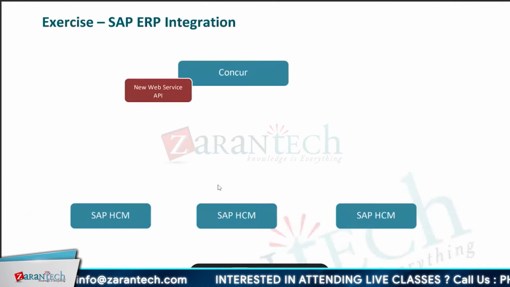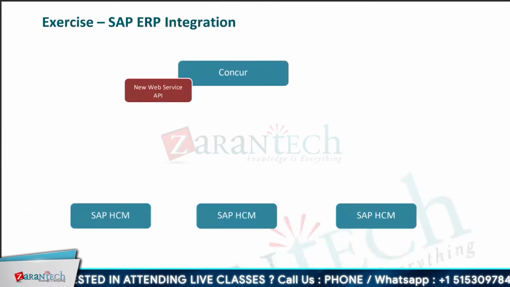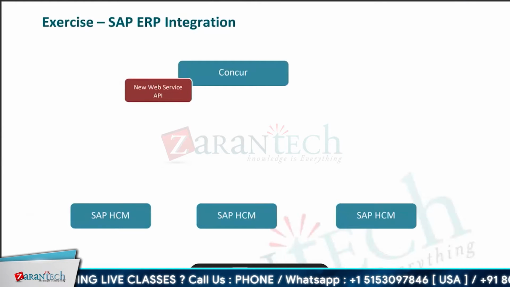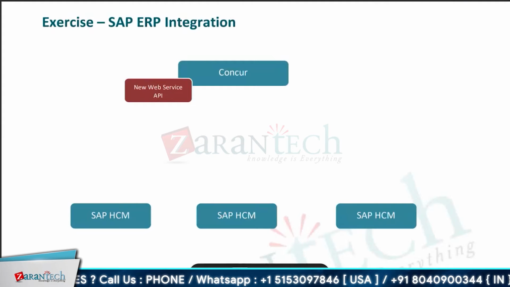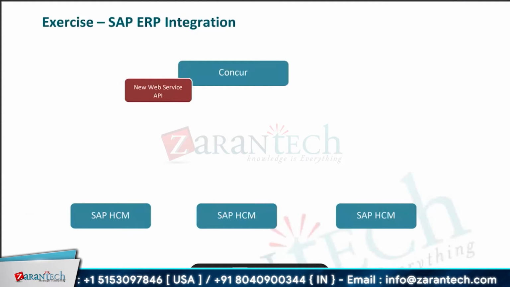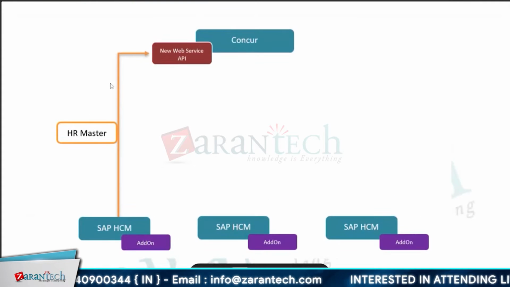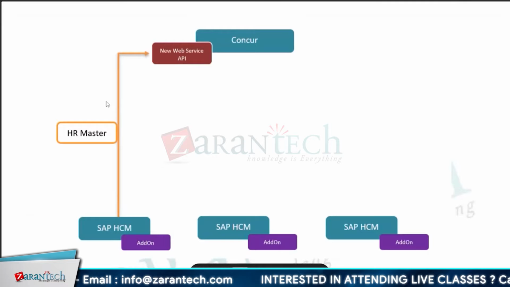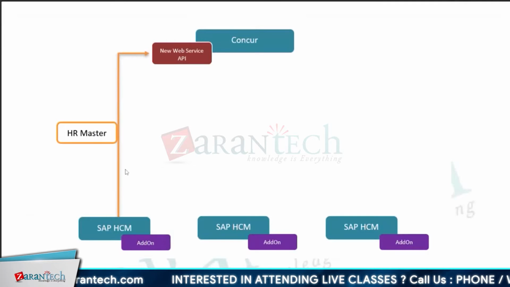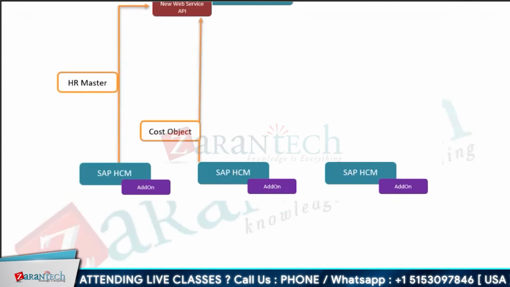But what this shows is that SAP Concur can be connected to SAP HCM. This is not HCM, this is any financial system. So we can use the new web service API to do that. If it is an HR system, the HR master will be passed as a web service to Concur. And this is a financial system.